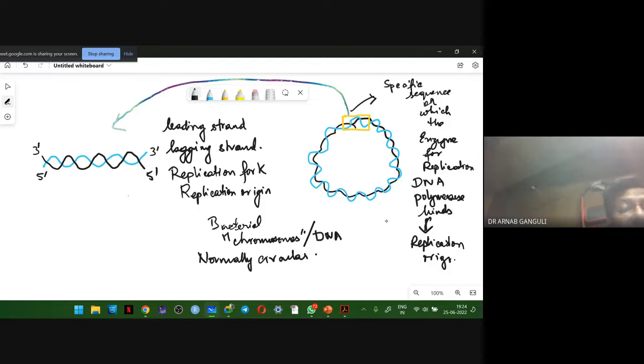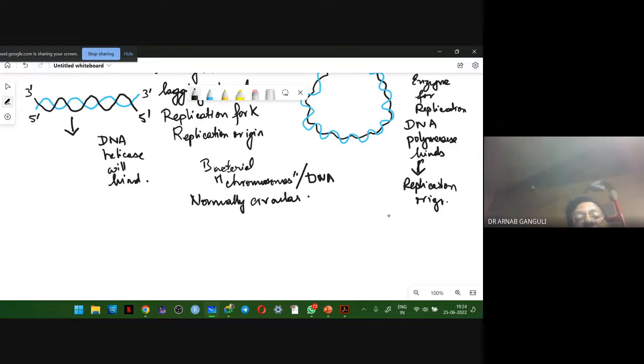So the first step will be that DNA helicase will bind, say, the lagging strand.